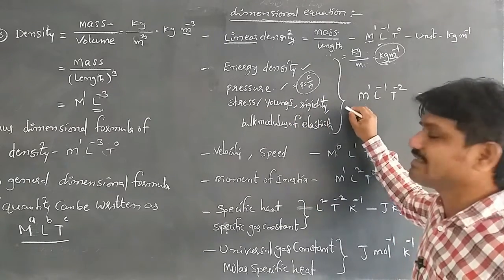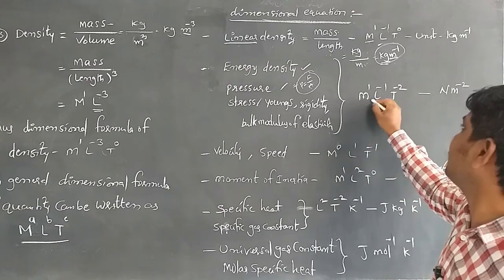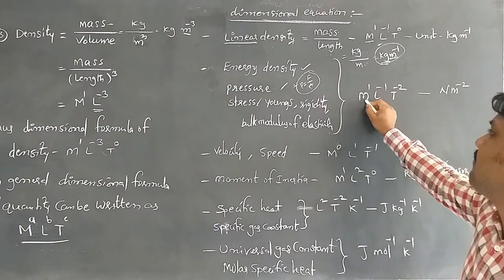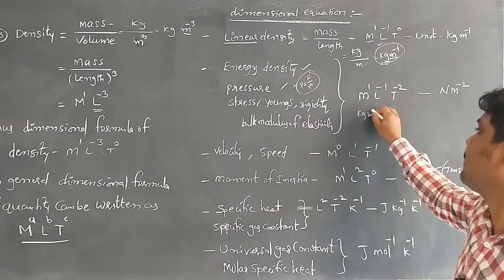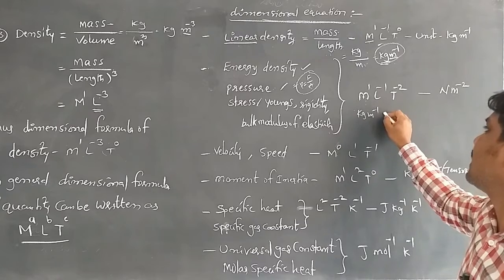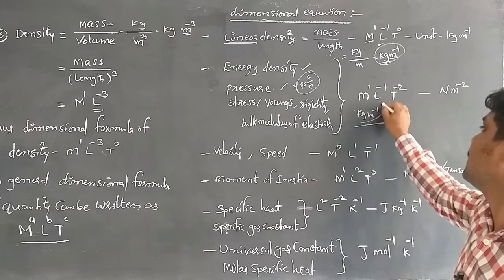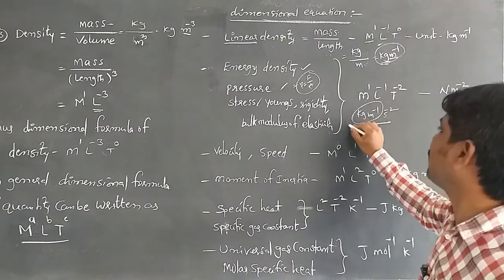So the same dimension formula we can get, because the unit is Newton per meter square. Newton means kilogram meter per second square, and that is the value for pressure.